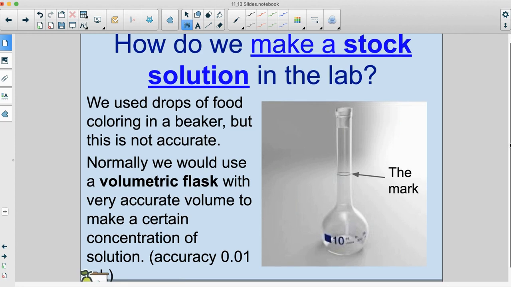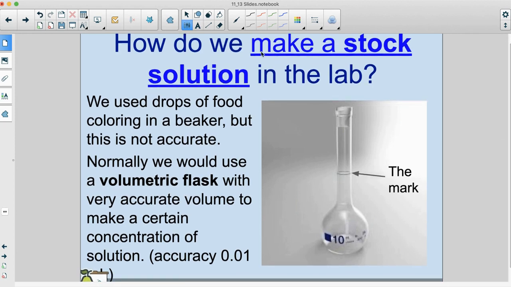So in order to make the standard curve, we start out by making a stock solution in the lab. And in order to make a very accurate volume of solution and know exactly what the volume of our stock solution is, we use a piece of equipment called the volumetric flask.